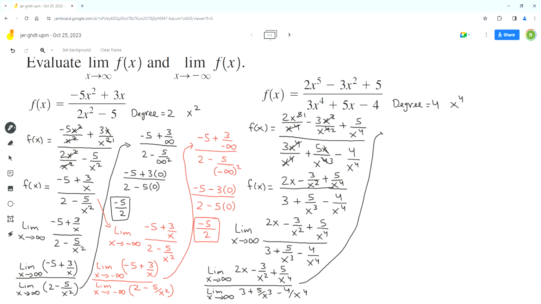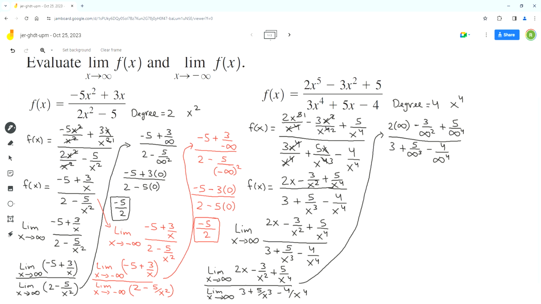So now we can apply the limit. So it becomes 2 times infinity minus 3 over infinity squared plus 5 over infinity^4, over 3 plus 5 over infinity cubed and then minus 4 over infinity^4.